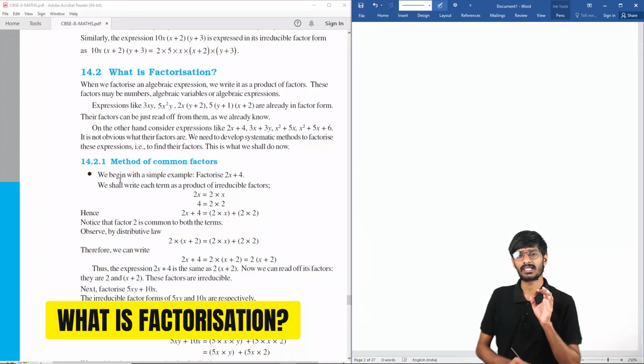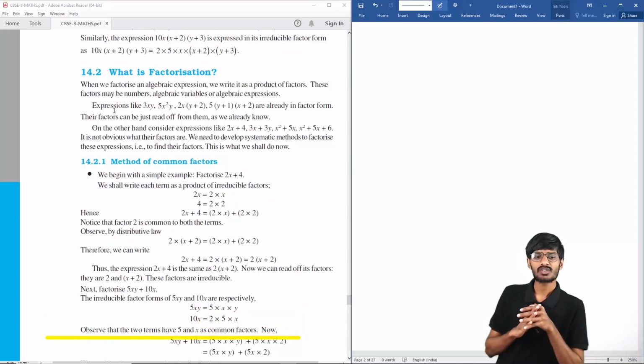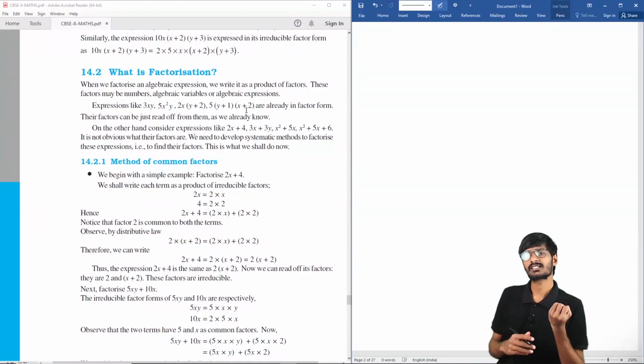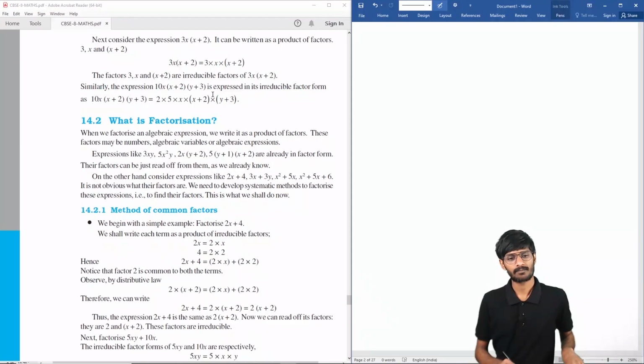So now the question is, what is factorization? What does it mean? When we factorize an algebraic expression, any algebraic expression, what we are doing is writing it in terms of its factors, a product of factors. I'll take a simple example to explain.